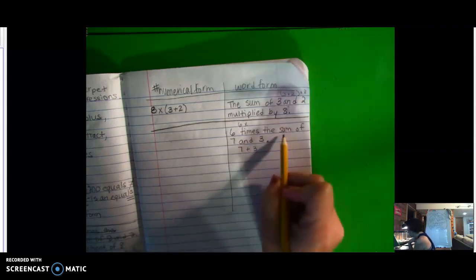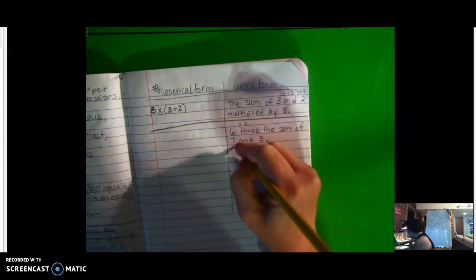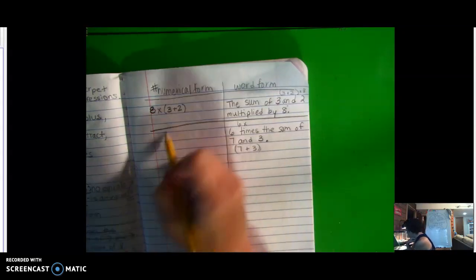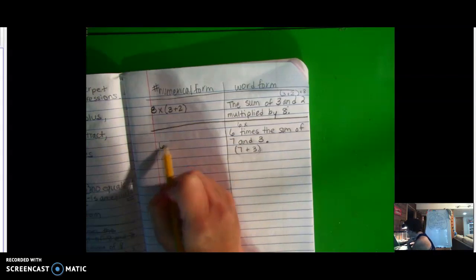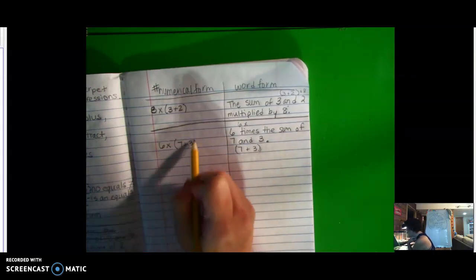Well, because we're taking 6 times that sum, we will need parentheses before we do the multiplication. So we're going to do 6 times the sum of 7 and 3.